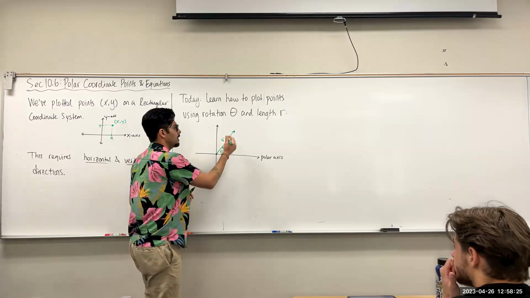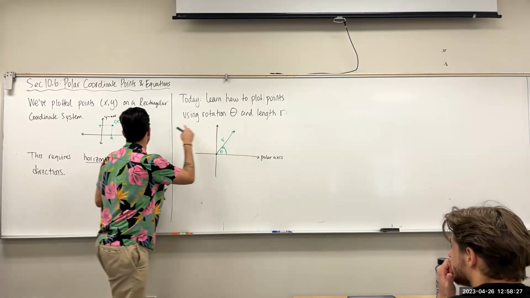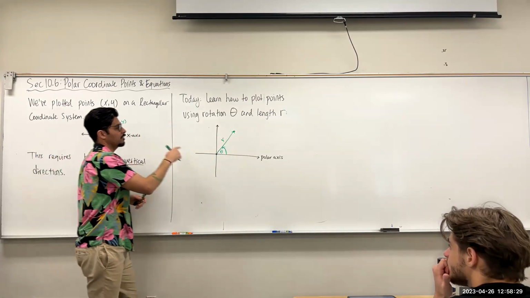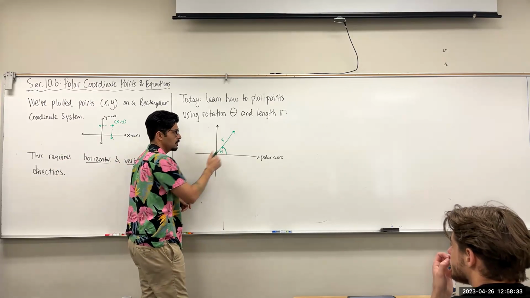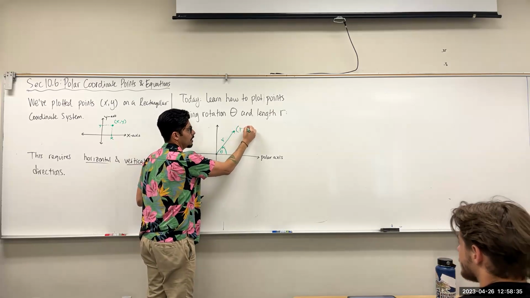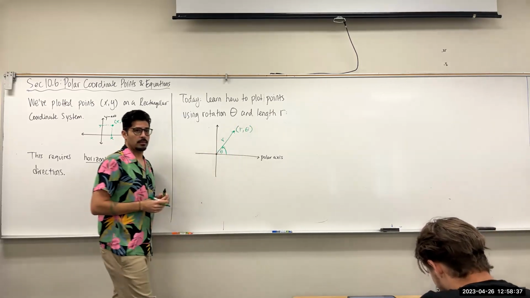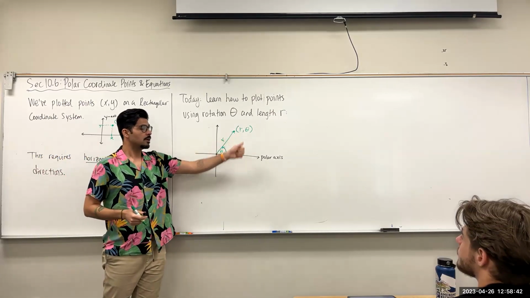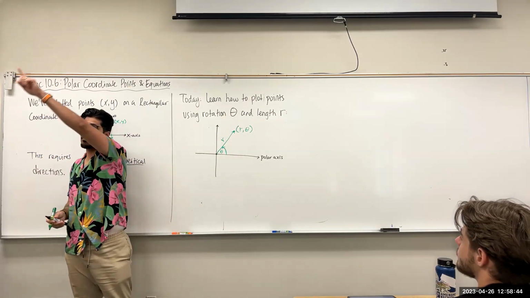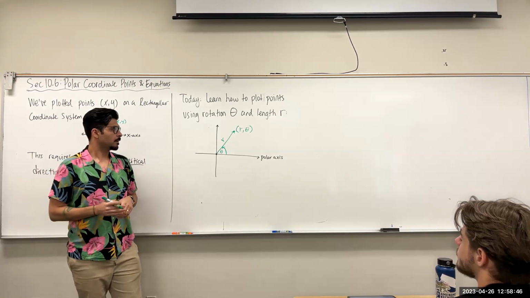Okay? And then now, that point, instead of calling it x comma y, is gonna have the coordinates of the angle and how far it is. And we're gonna call that r comma theta. That's the two pieces of information you need. Tell me how far I am from the origin and the angle needed to get me to point towards it.